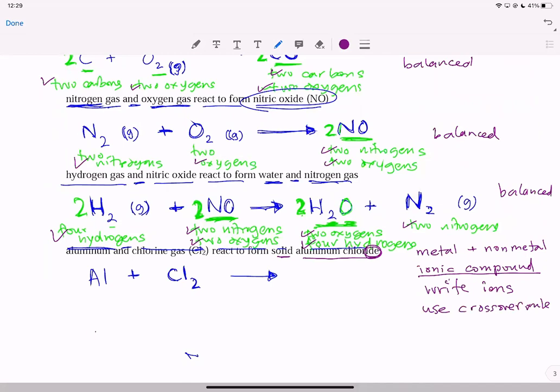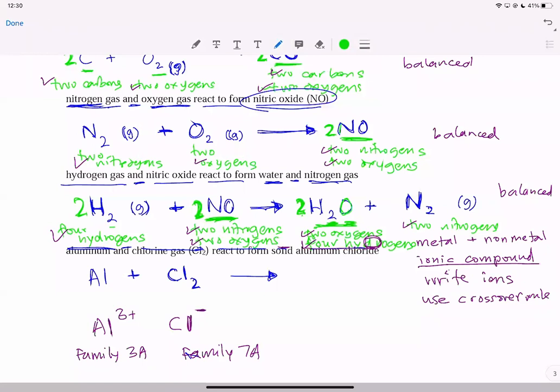So writing the ion, aluminum is in family 3A, so that's 3+. And then chlorine, that's Cl, and that's in family 7A. Family 7A is -1. So using the crossover rule, this 3 crosses over and down, and nothing crosses over and down from the chlorine. So the chemical formula you're going to have on the product side is not AlCl2.